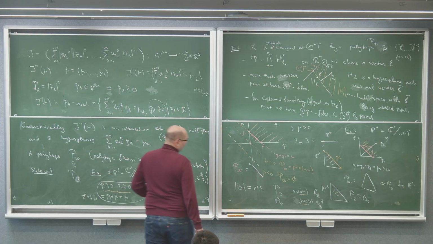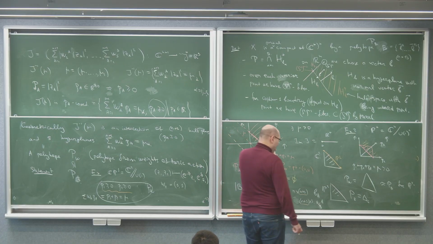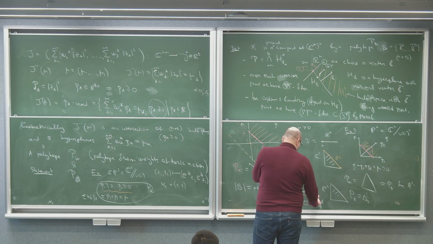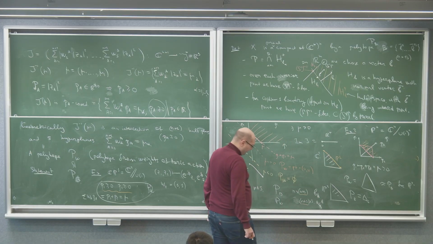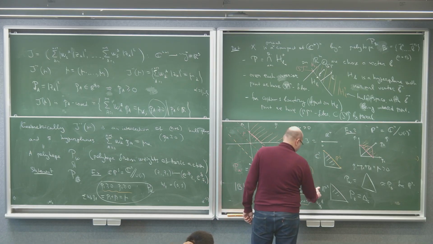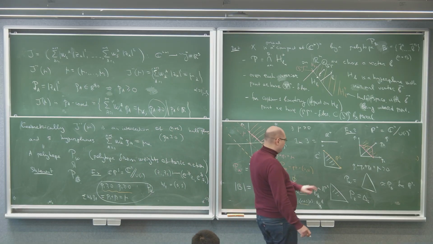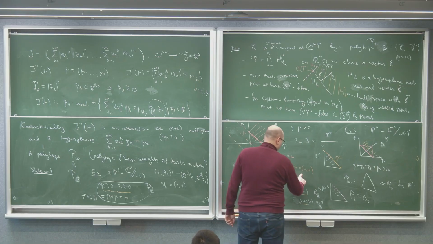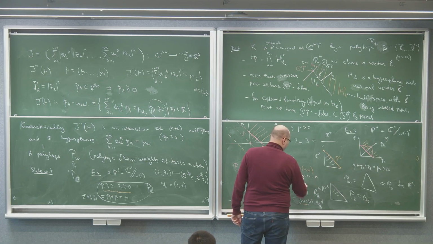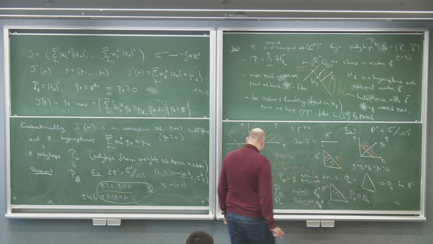W has an upper index A, which runs over n plus s, and alpha. Similarly for B. The number of vectors is n plus s, so I can label them with the same capital A, and they are vectors in n-dimensional space, so their components I can label with little a. So little a runs from 1 to n, capital A runs from 1 to n plus s, and alpha runs from 1 to s.